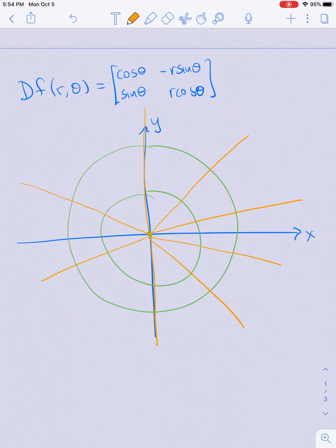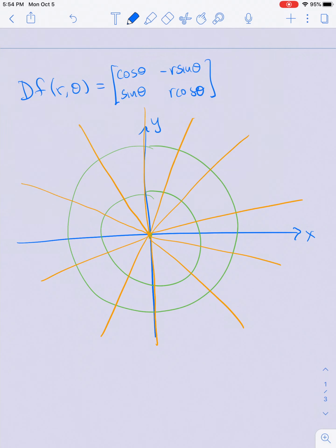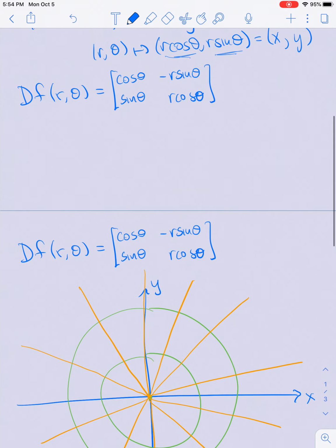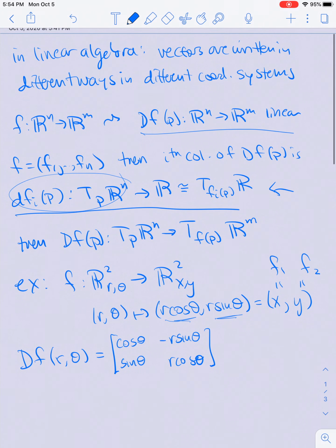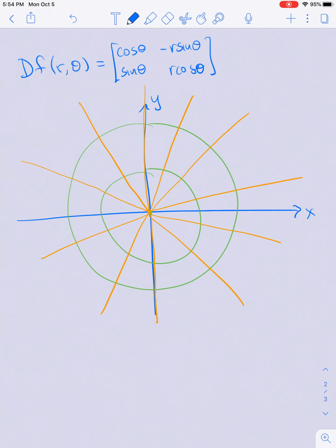So these would be constant values of theta. And if I want to compute what df does to vectors at each of these points, it will do a different thing to vectors at different points.